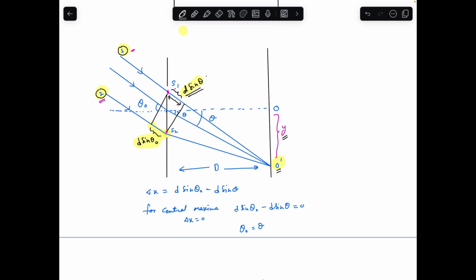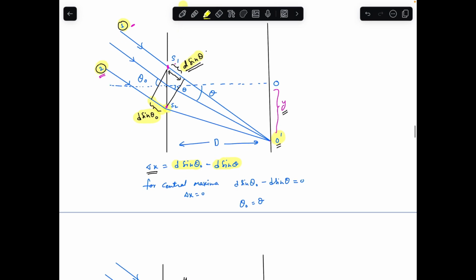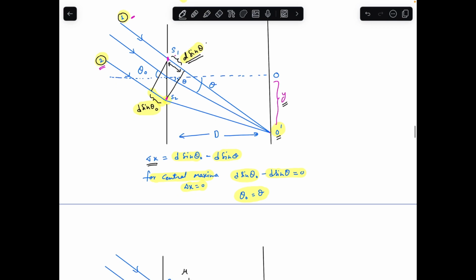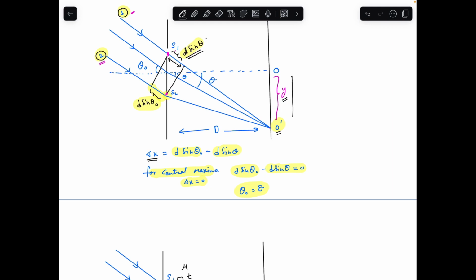So what is the total path difference? Delta x can be written as d sine theta naught, extra path by 2, minus d sine theta, that is extra path by light ray 1. So net path difference for central maxima has to be 0. So d sine theta naught minus d sine theta equal to 0. So I can say that theta naught equal to theta, correct? Now I have to find this y, correct?